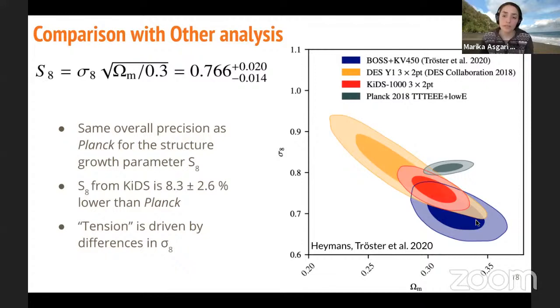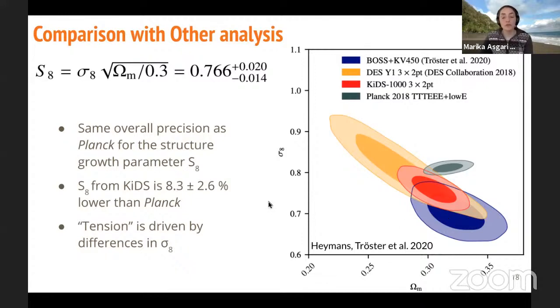So the blue one is a combination of BOSS, this is BOSS data release 12, plus the previous KiDS data. And the orange one is looking at the Dark Energy Survey year 1 combined probe analysis that used their own data. And you can see our contours are consistent with the other combined probe analyses, but we're still inconsistent with Planck.